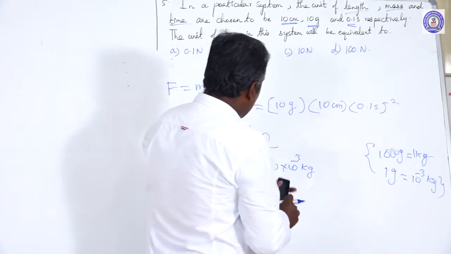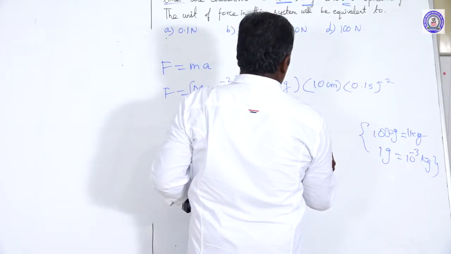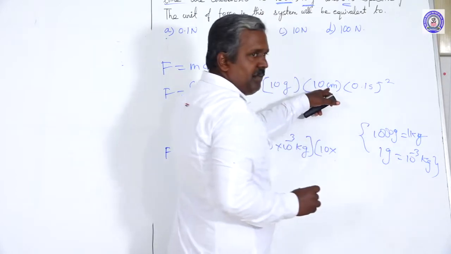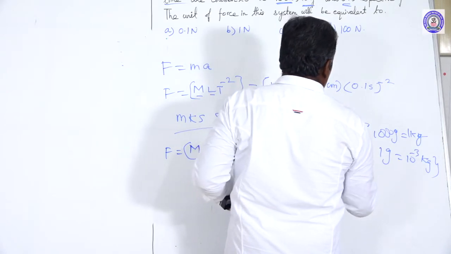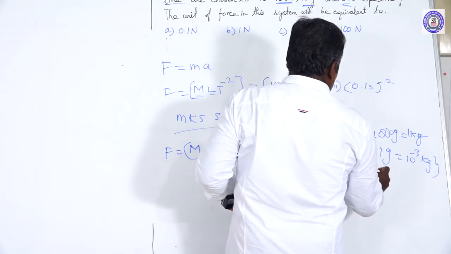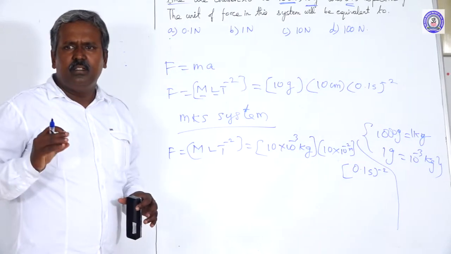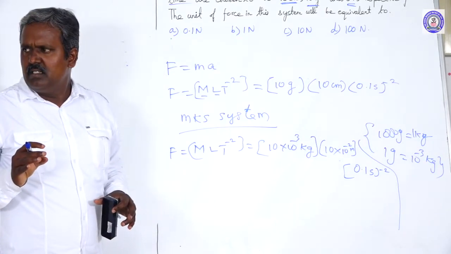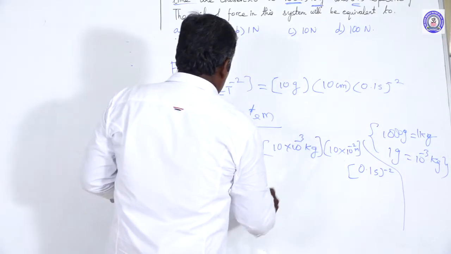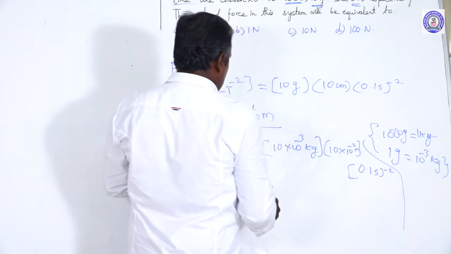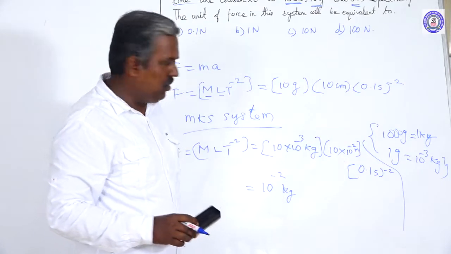So 10 into 10 power minus 3 kilogram, 10 into centimeter, 10 power minus 2 meter, and 0.1 second to the power minus 2, because the unit for time is second in all systems of units. So leave it, no problem. Now 10 power minus 2 kilogram, correct? Yes or no?